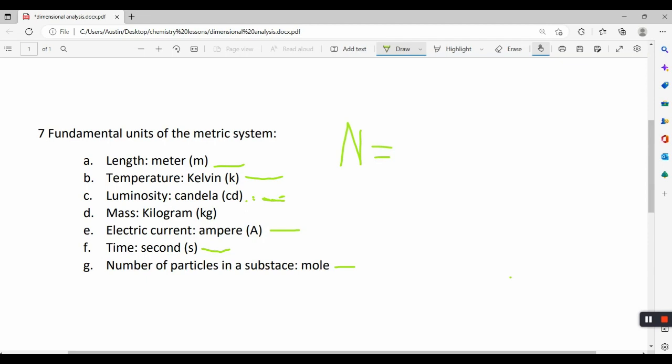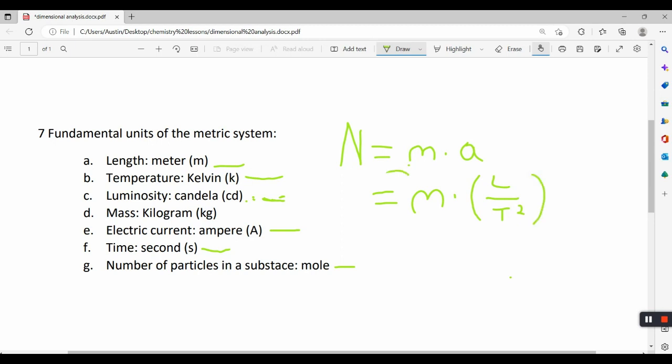Force is basically the product of the mass of an object and the acceleration due to gravity on that object. We can further simplify the acceleration term into an expression containing length and time.